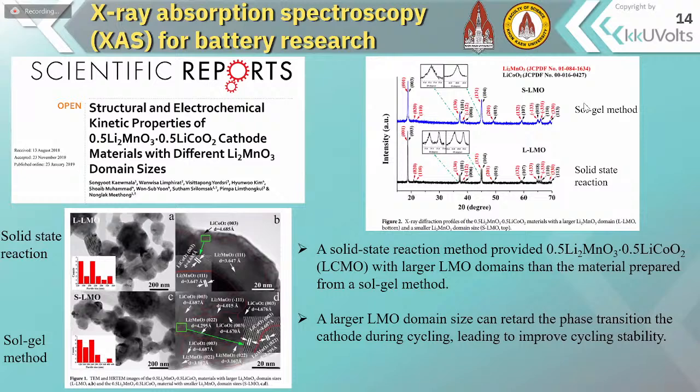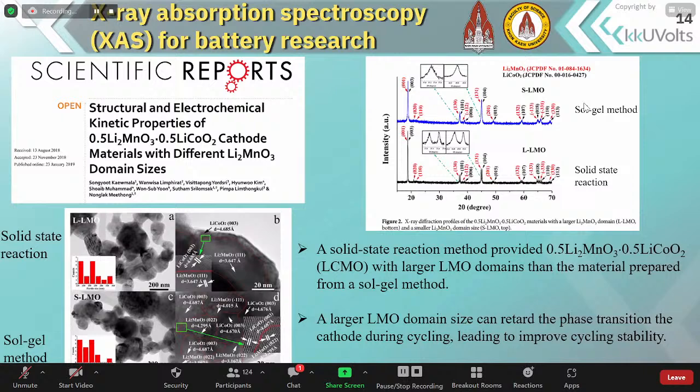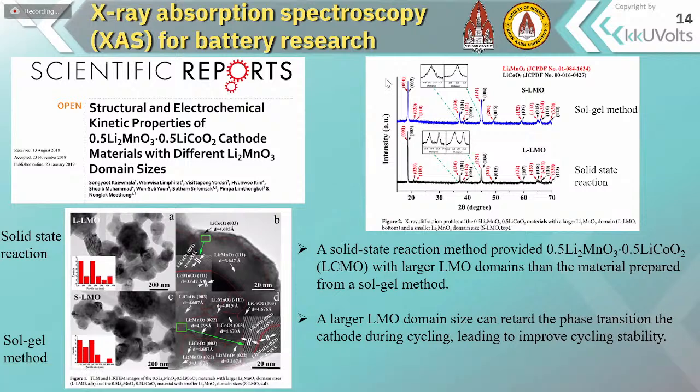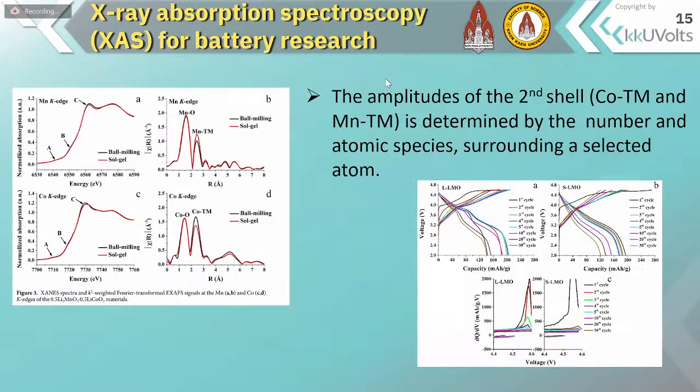From the high resolution TEM, we see that the cathode material obtained from the solid state reaction has a larger lithium manganese oxide domain size than the cathode material obtained from the sol-gel method. From XANES spectra, it indicates that the two cathode materials have the same average local structure.